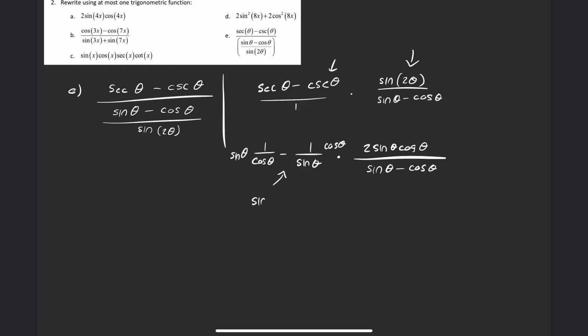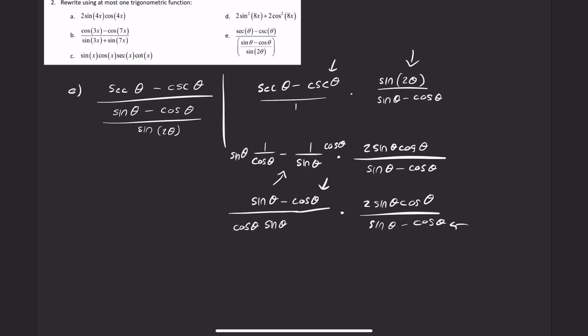Now we'll have sine theta over cosine theta sine theta minus cosine theta, if we subtract these fractions, multiplied by 2 sine theta cosine theta all over sine theta cosine theta. Now here we realize that these two will cancel, and one sine will cancel, and then another cosine will cancel, and we simply have 2 as our answer.